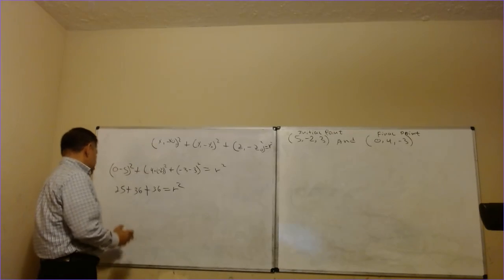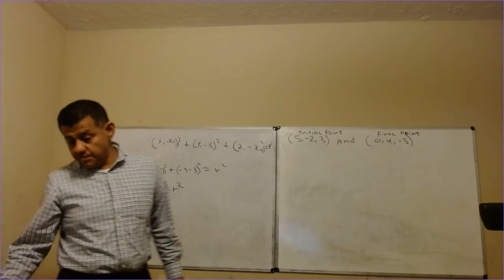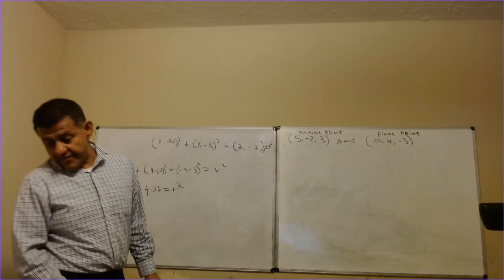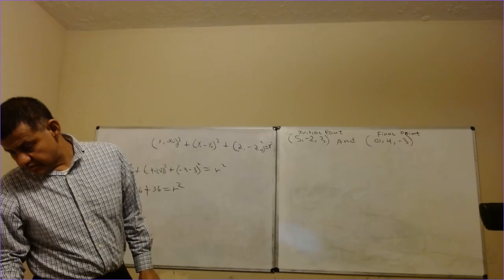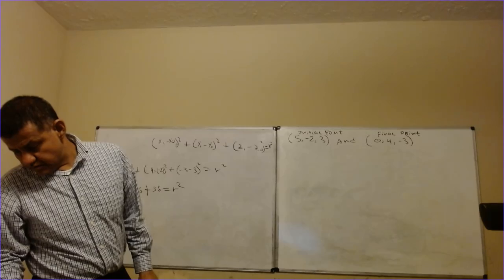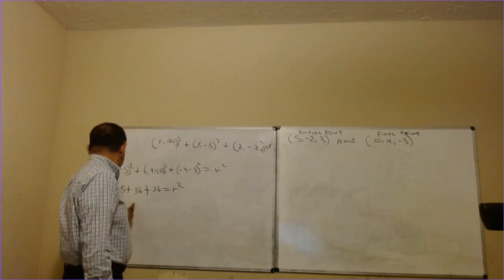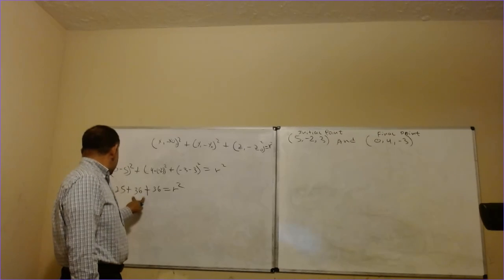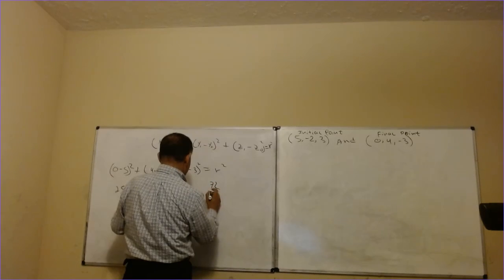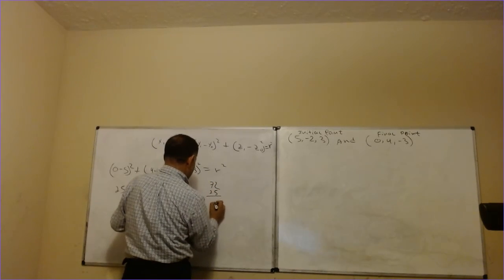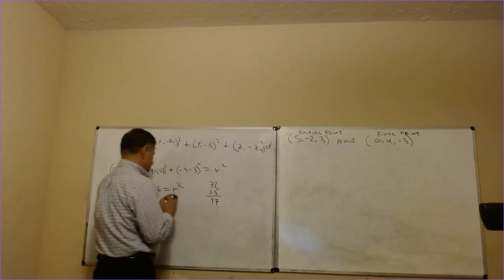All right. So in this case, it's going to be 36 plus 36 is 72, plus 25 is equal to 97, right?